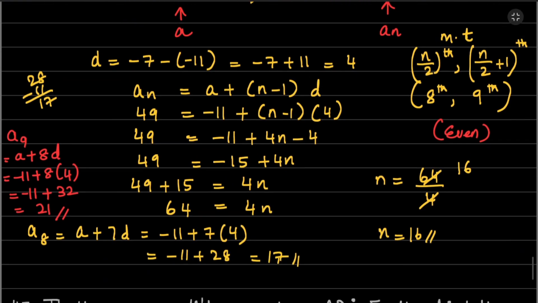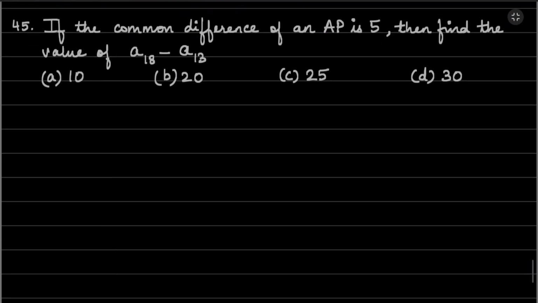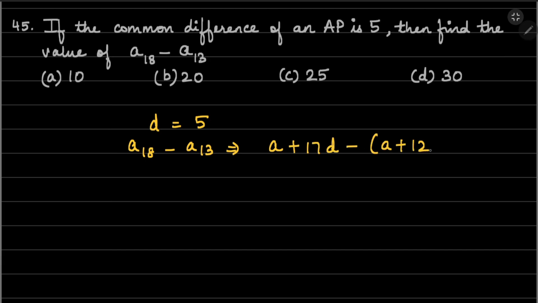Moving on to the next question. Find the common difference. If the common difference of an AP is 5, so d is 5. Common difference means d is 5. Then find a18 minus a13. Again, this is a similar question to what we did. (a plus 17d) minus (a plus 12d).